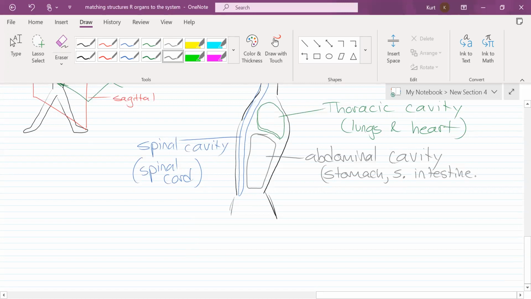Small intestine, large intestine. What else? What's behind the liver and the stomach? When you get cancer of this, it's pretty much game over. Pancreas, kidneys. Okay, good. Gallbladder, if you want to throw that in there, little guy. There's a lot in your abdominal cavity.